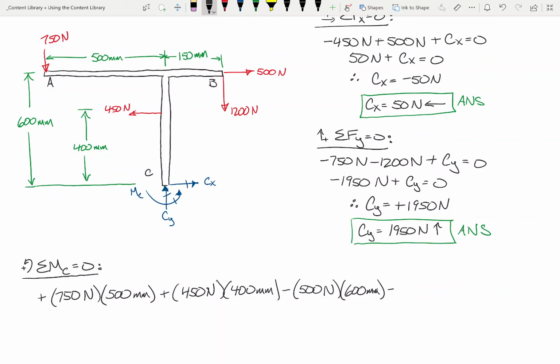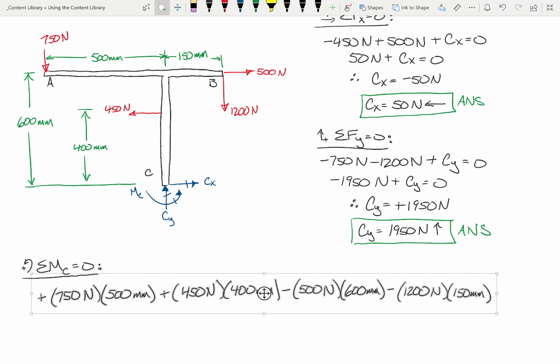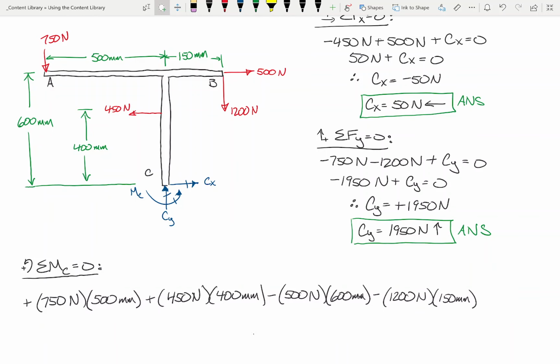Okay. What about the 1200? That also causes a clockwise rotation, and its moment arm is going to be 150. All right, let me scooch this equation over just a bit. Now, the only components that I haven't discussed are the reactions.